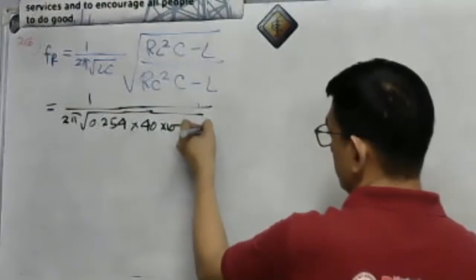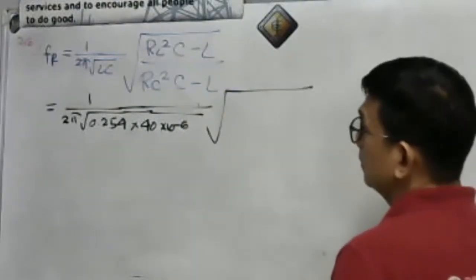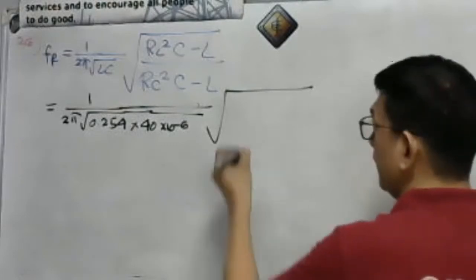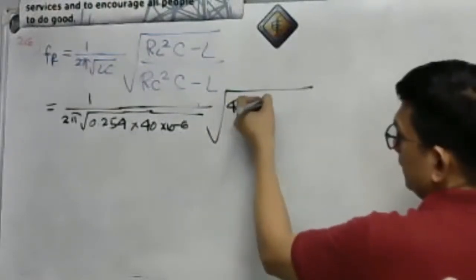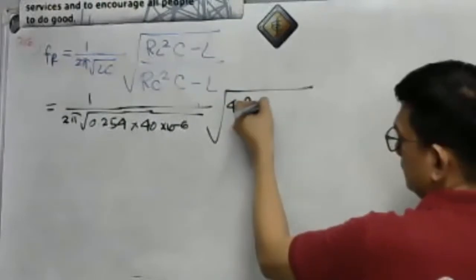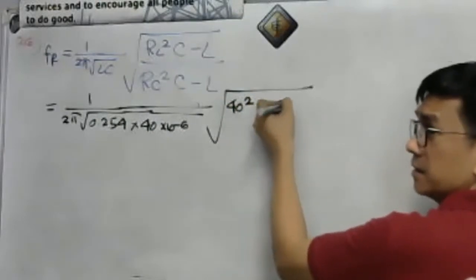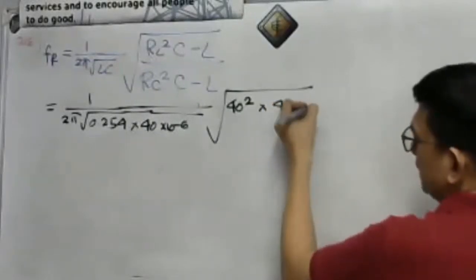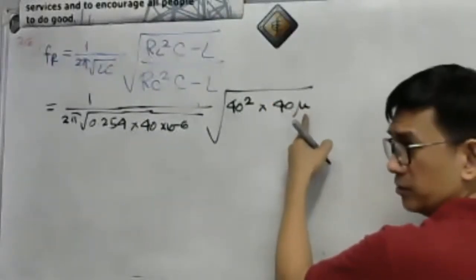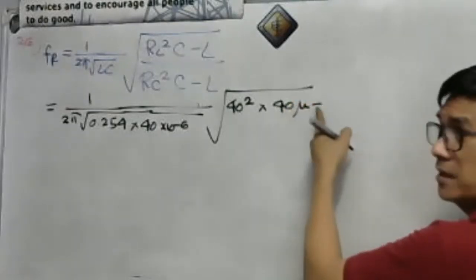Okay. Then, we have now the square root of RL squared. So, RL, we have 40 squared. So, we have C, right? Anyway, what is our C here? 40 micro. Okay, you can put the sign micro. But in your calculator, go directly with times 10 raised to negative 6. No? You know what I mean already.